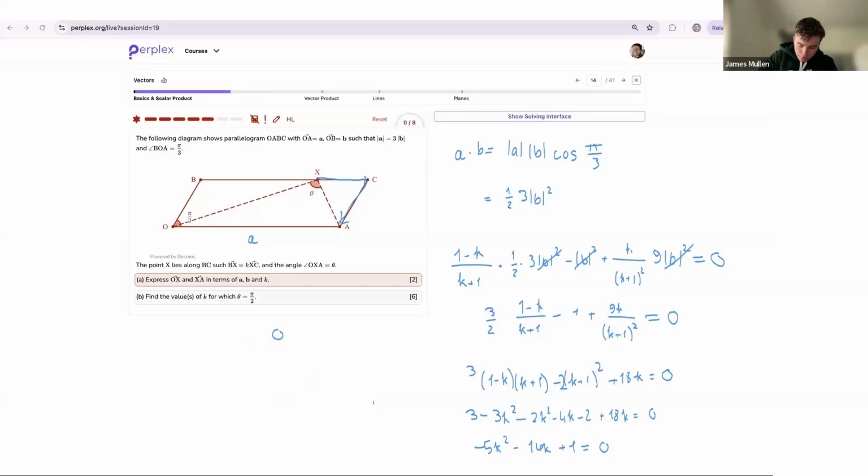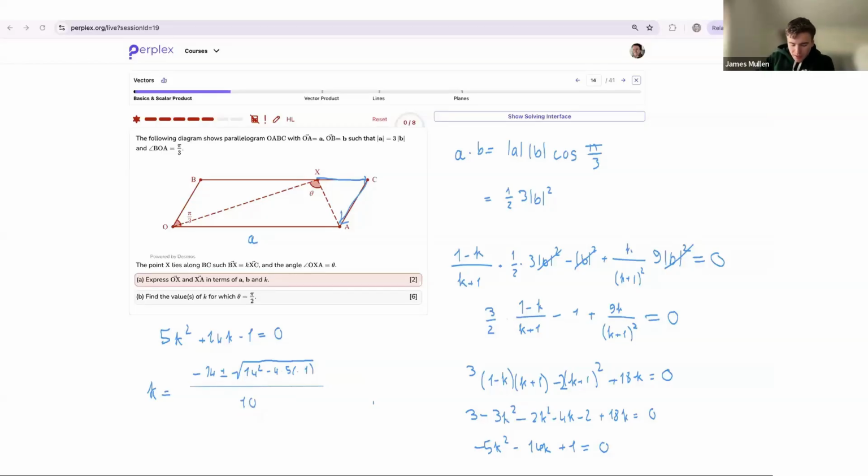And I'm going to have that 5k squared plus 14k minus 1 is equal to 0, and therefore that k is equal to negative 14 plus or minus the square root of 14 squared minus 4 times 5 times minus 1, all of that divided by 10, 2 times 5, okay?